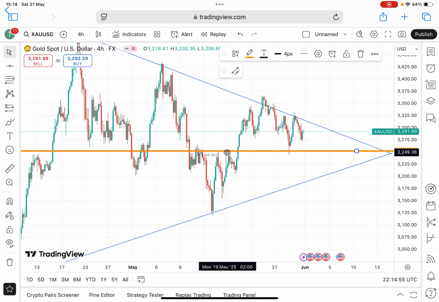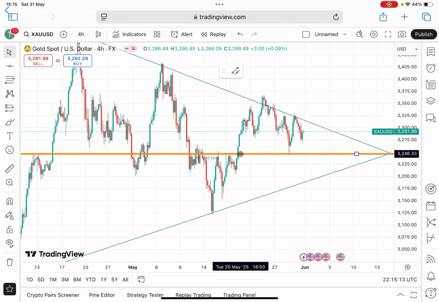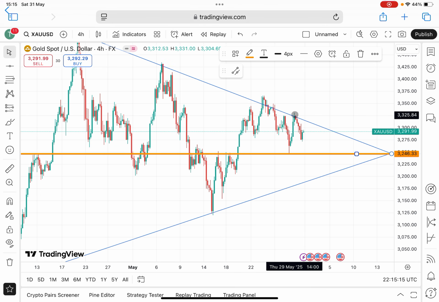couldn't break this resistance, sold back down again, and finally broke out of this resistance of the triangle line, did a fake breakout, and still sold back down again to retest this resistance line right here, and then it went back up.